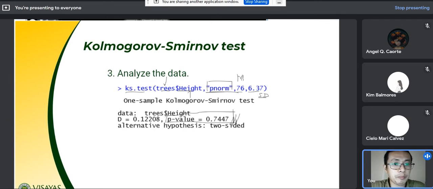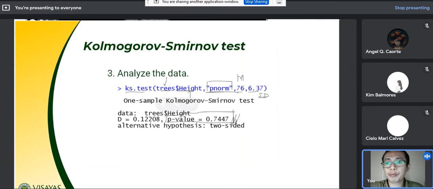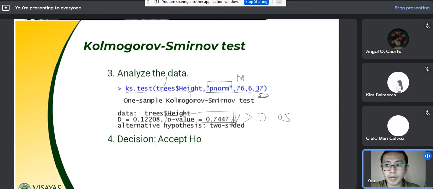Angel, are you going to accept or reject your null hypothesis? Okay, so you compare 0.05 to 0.7447. In that case, the p-value is greater, therefore your decision, class, is to accept our null hypothesis.